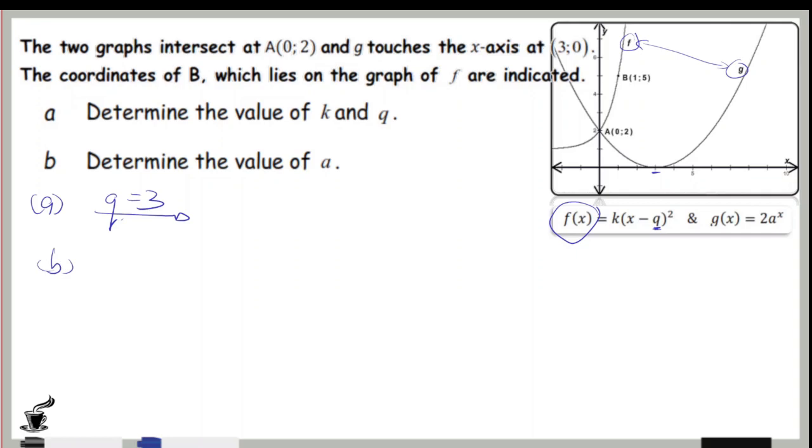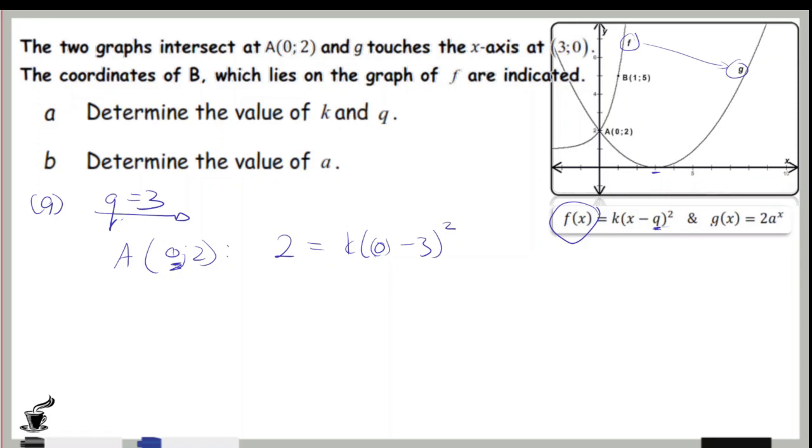Let's try that again. Seem to have lost my way slightly. At 0 and 2, using that as our substitution values, we can say 2 is equal to k times (0 minus 3) all squared.